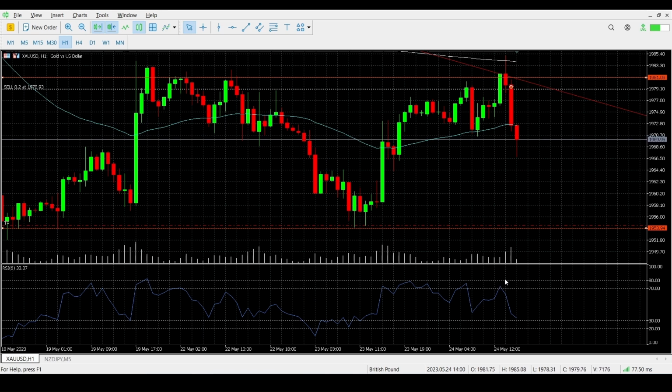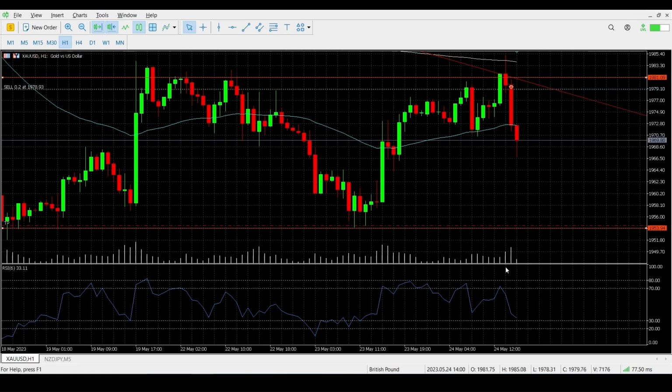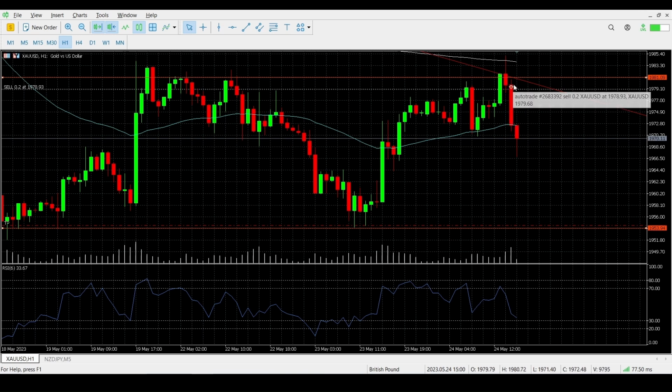The RSI was at the 80 area at this point. So when the price reached the top of the wick, we had an 80 overbought signal on the RSI, which I thought was a great indicator that we might be seeing a reversal, after I saw this long wick and a push down below the support and below the trend line.